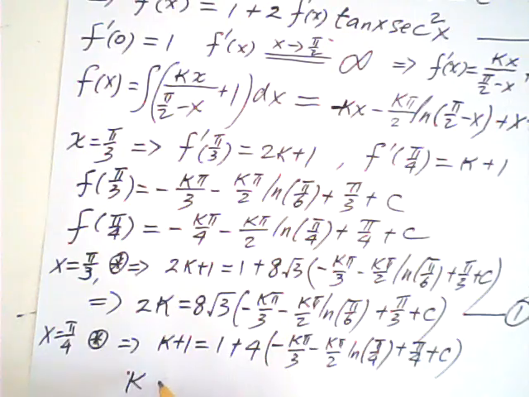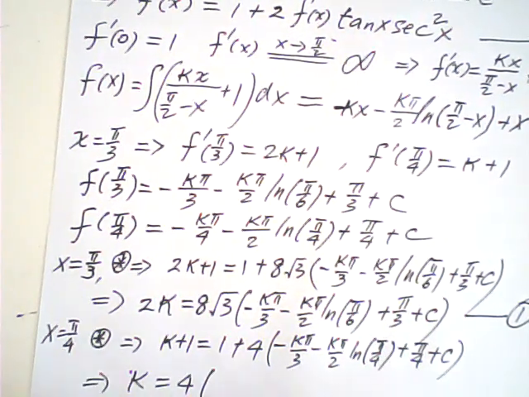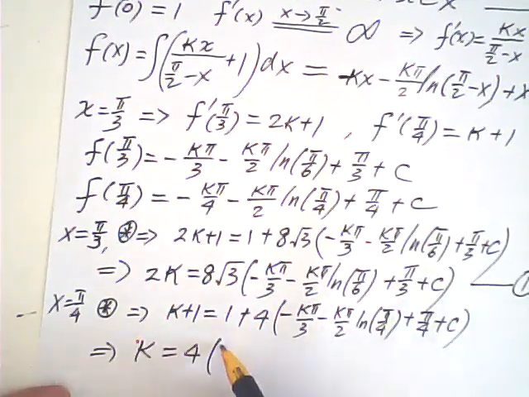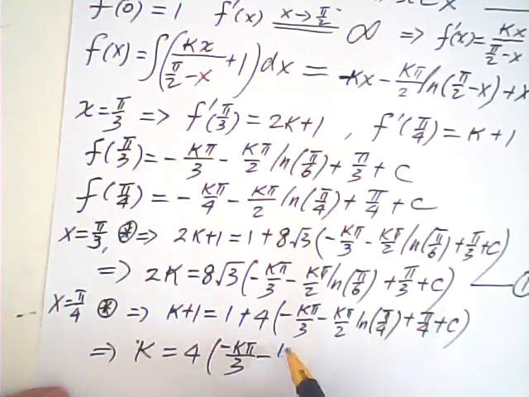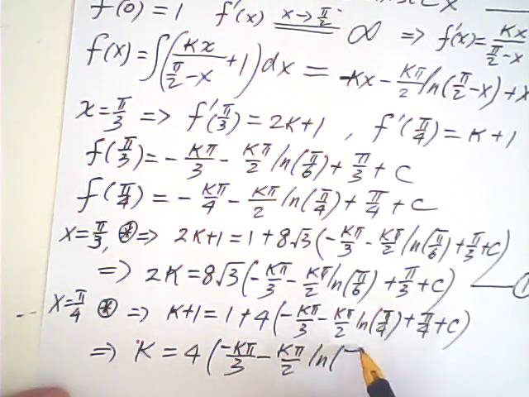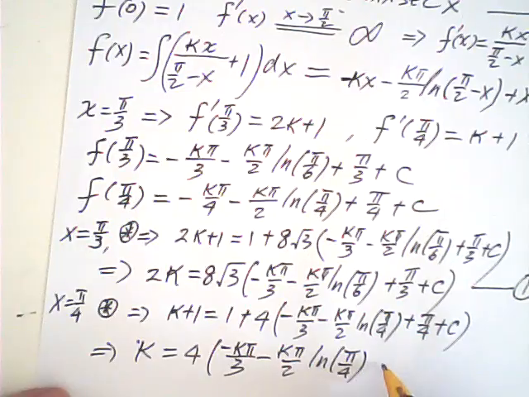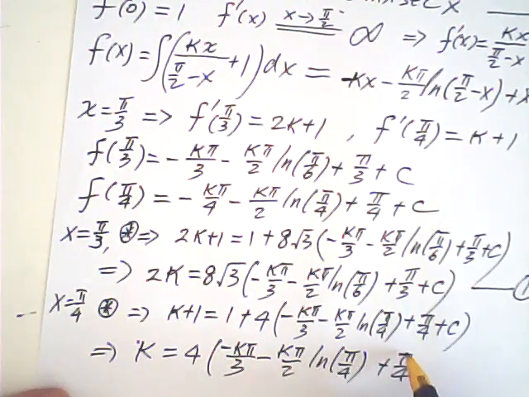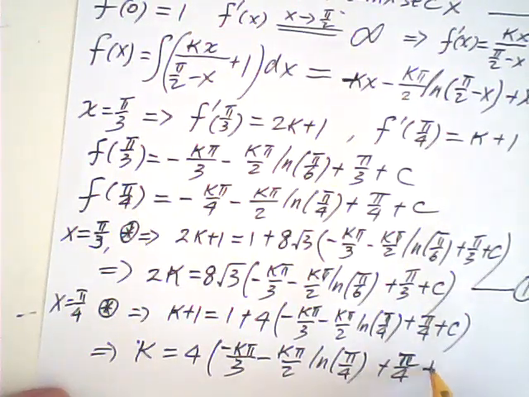So k is equal to 4 times negative k pi over 2 log quarter pi plus quarter pi plus c. I call this equation 2.